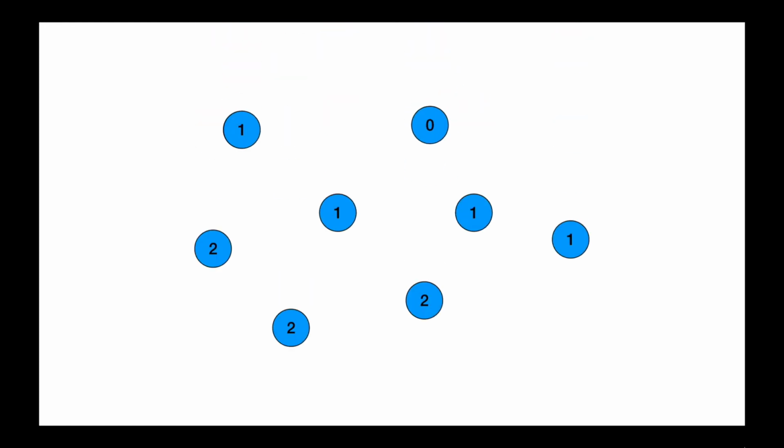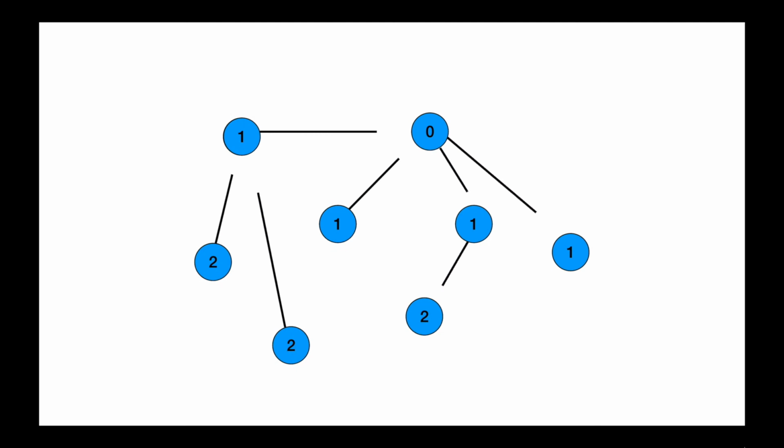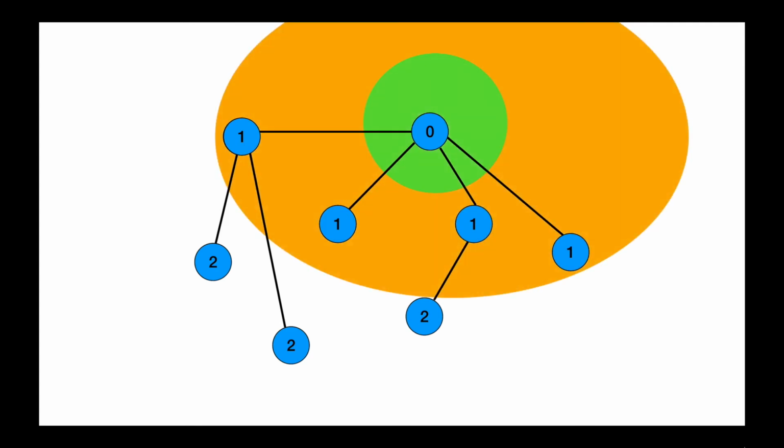BFS could be useful to find the shortest distance from the root to the desired node, by what we call the distance property. This will record every node's distance from the root. Based on the algorithm, the distance will be its parent node's distance plus 1, where the root is 0. If we follow the BFS, we can see each layer has the same distance.